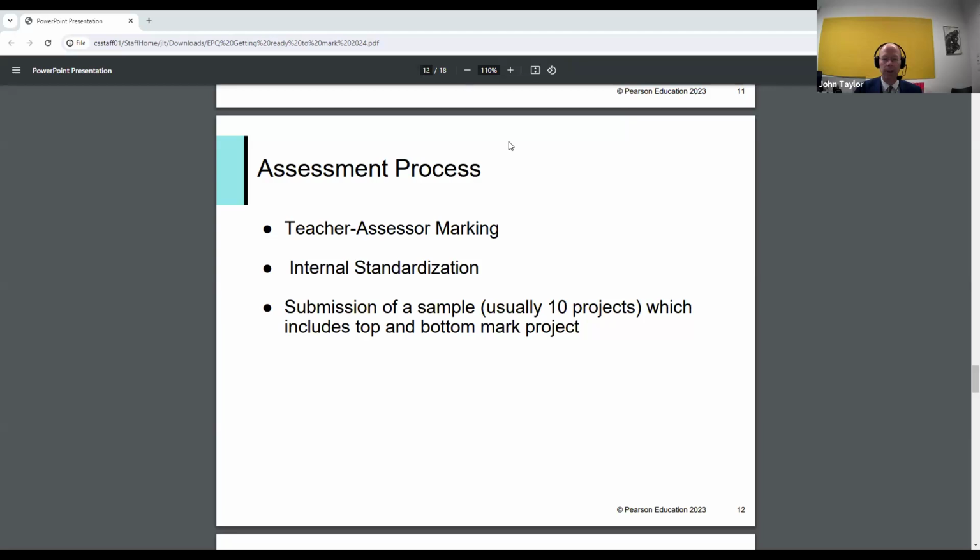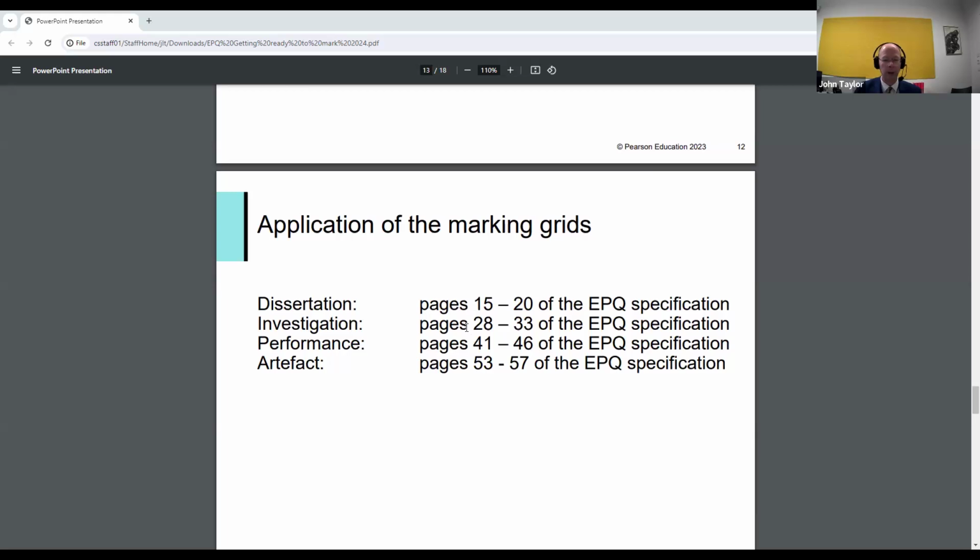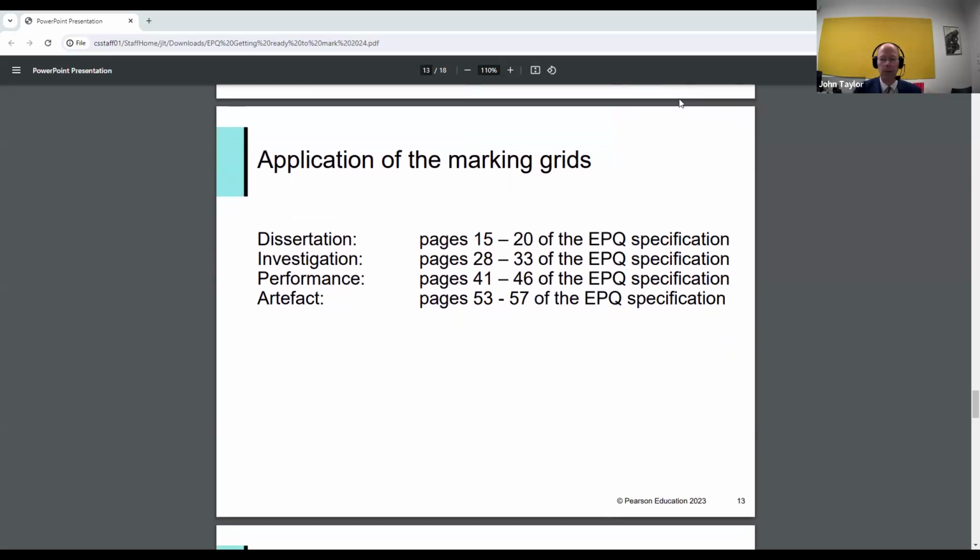And then you'll be asked to submit a sample of projects, typically 10. And one thing we do request, because it's an issue every year, is that if the sample that's requested automatically does not include the top and bottom mark project, that you would please insert that as well. So that in fact, you will be submitting potentially 10, 11 or 12 projects. Please do ensure that those get sent, because we need those as part of our check.